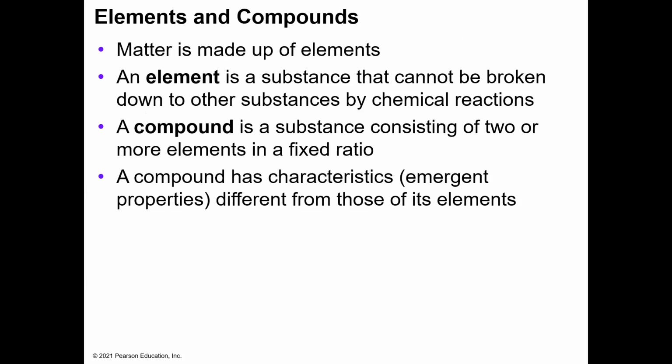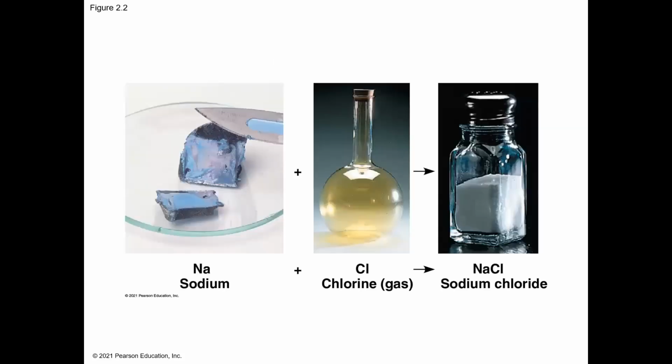And these compounds can form unique characteristics, which goes back to the theme in biology that there are emergent properties that can form when things are bonded together or come together. And these compounds can have characteristics that are different from the elements that it forms.